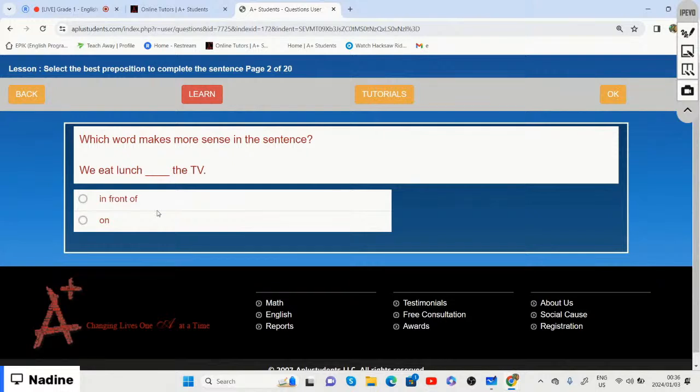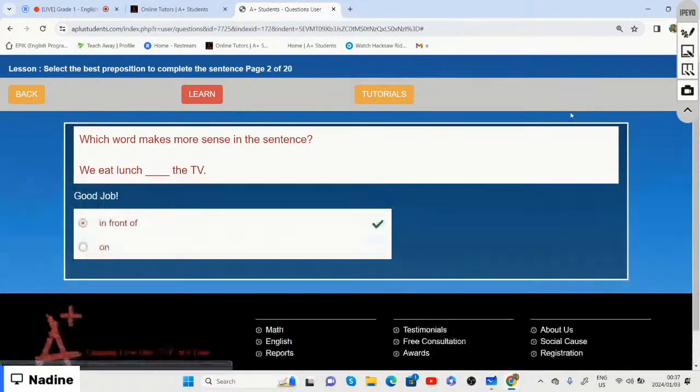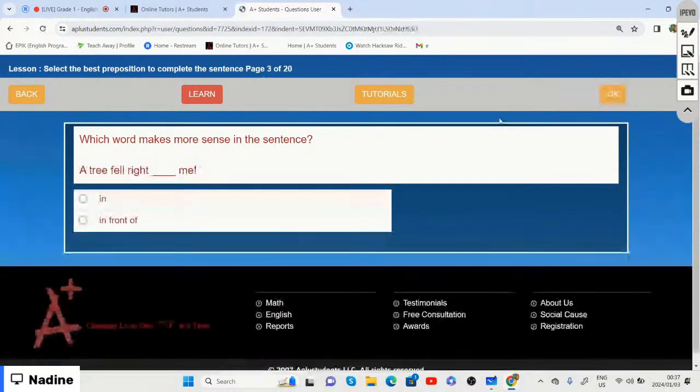In front of the TV or on the TV? All right, so we can then say we eat lunch in front of the TV, meaning while we are watching TV. So we are sitting in front of the TV.